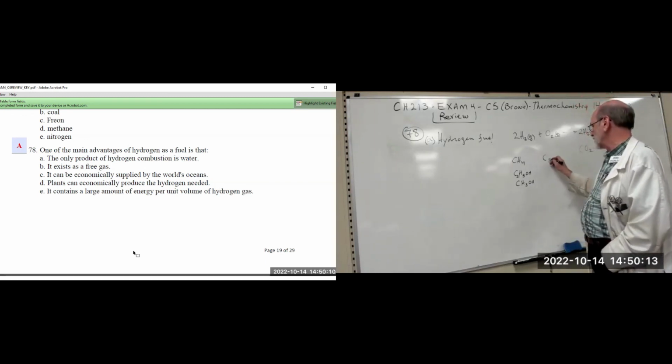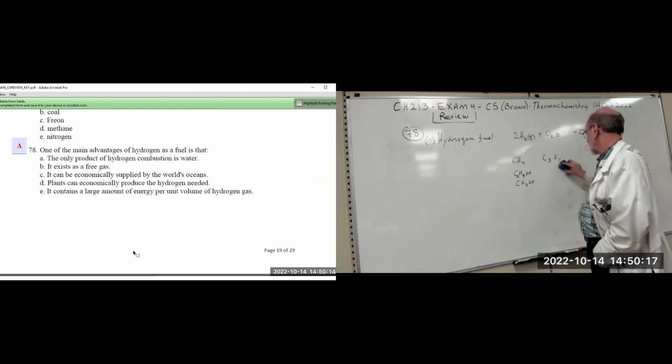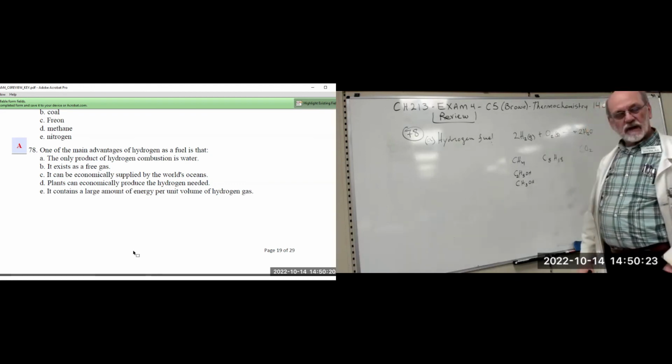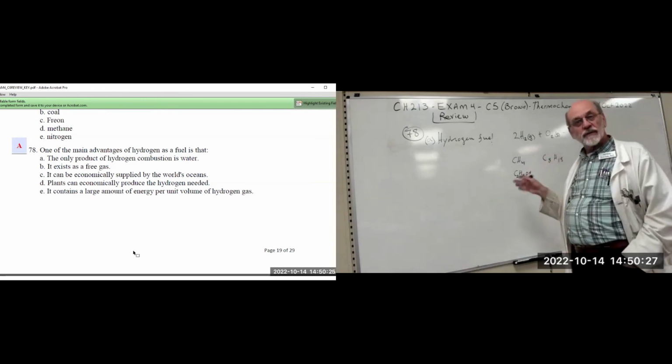Gasoline. Or diesel's even worse, right? They all produce carbon dioxide as a product.